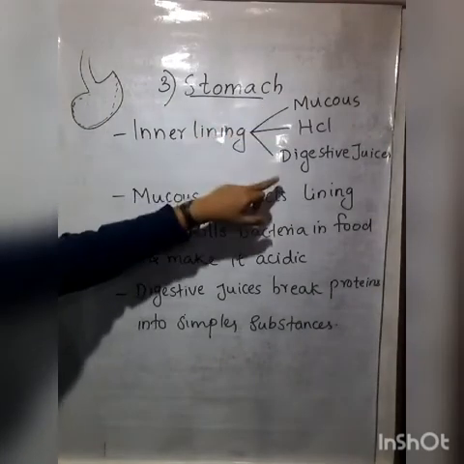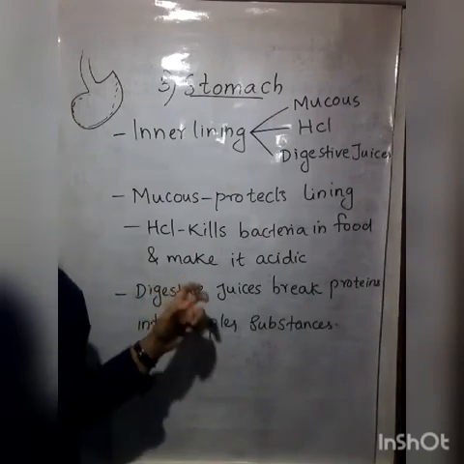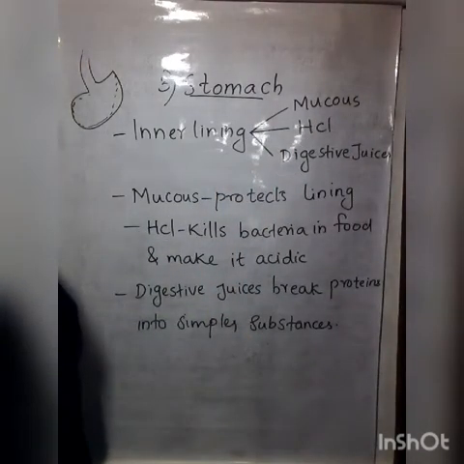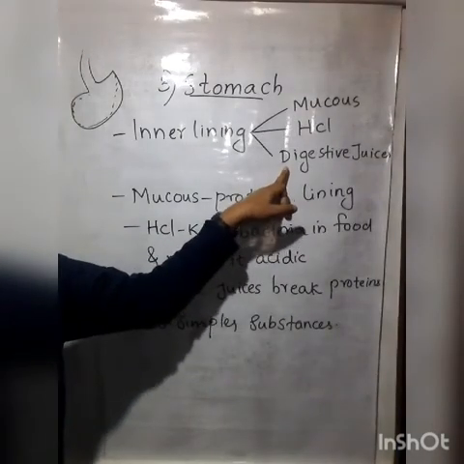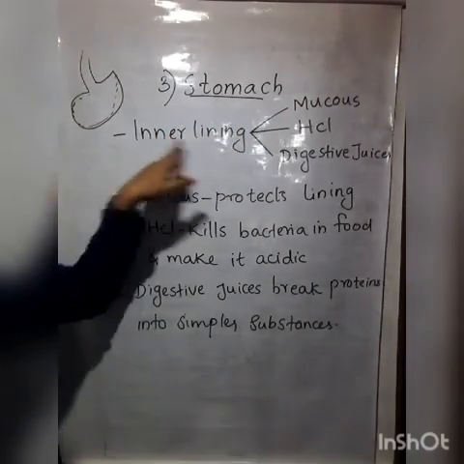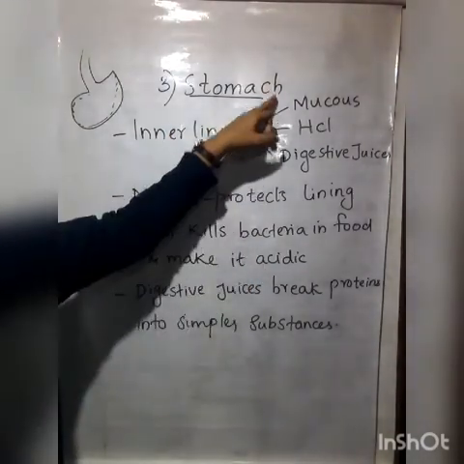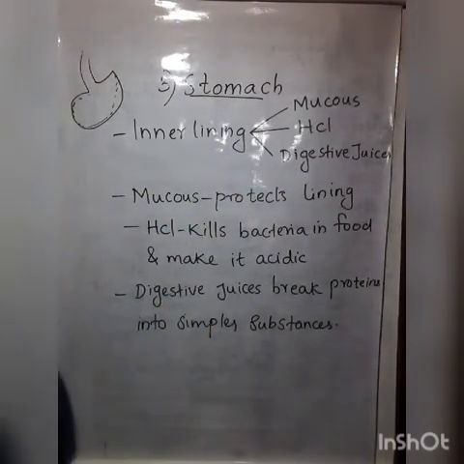Which are the different secretions? First one, mucus. Second one, HCl, hydrochloric acid. Then third one, digestive juices. So the inner lining mainly has three secretions: mucus, hydrochloric acid and digestive juices.